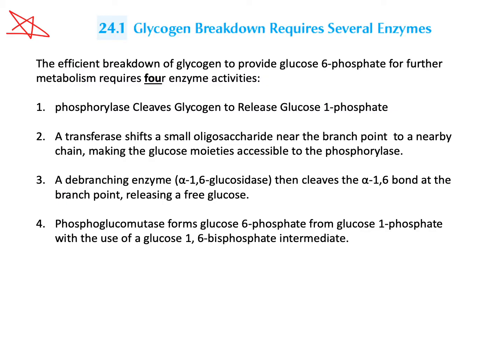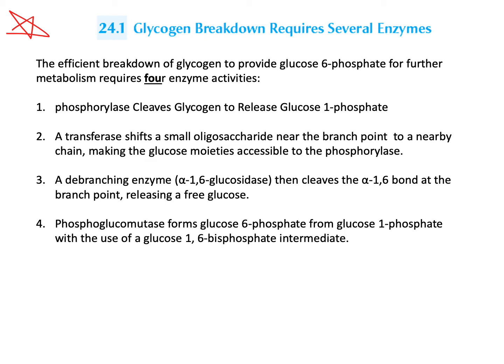Glycogen breakdown requires several enzymes. The breakdown of glycogen to glucose 6-phosphate requires 4 enzymes. First is a phosphorylase, which cleaves glycogen to release glucose 1-phosphate. Then a transferase shifts a small oligosaccharide near the branch point to a nearby chain, making the glucose moieties accessible to the phosphorylase.